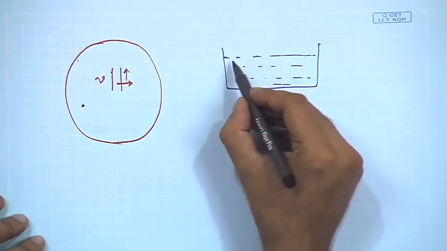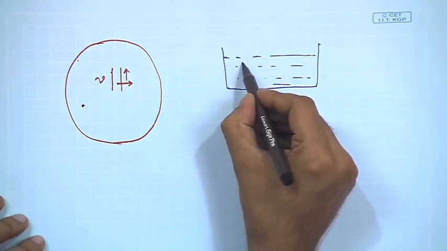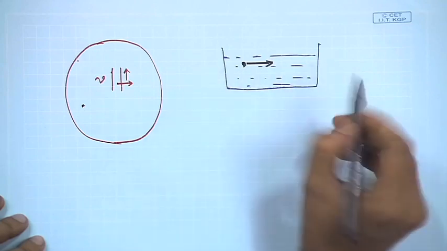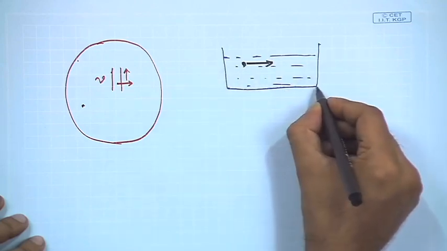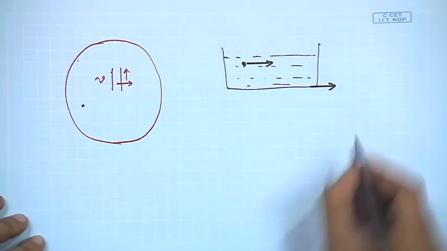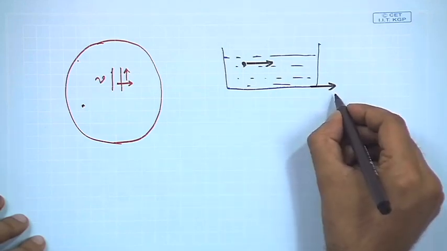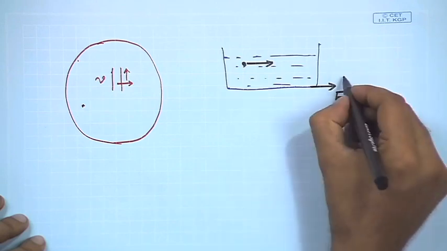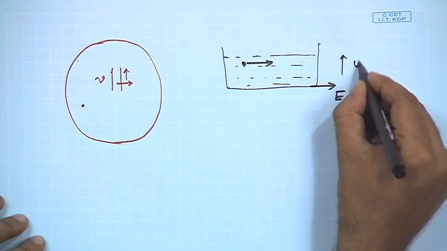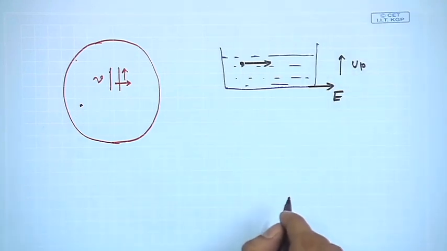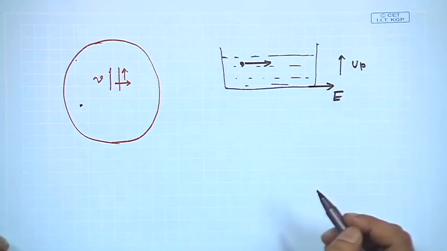Now, due to Coriolis force, the particles are experiencing a force which is towards east. So, this will be my eastern direction, this will be the up direction, and it is moving due north. We are just drawing the cross section.